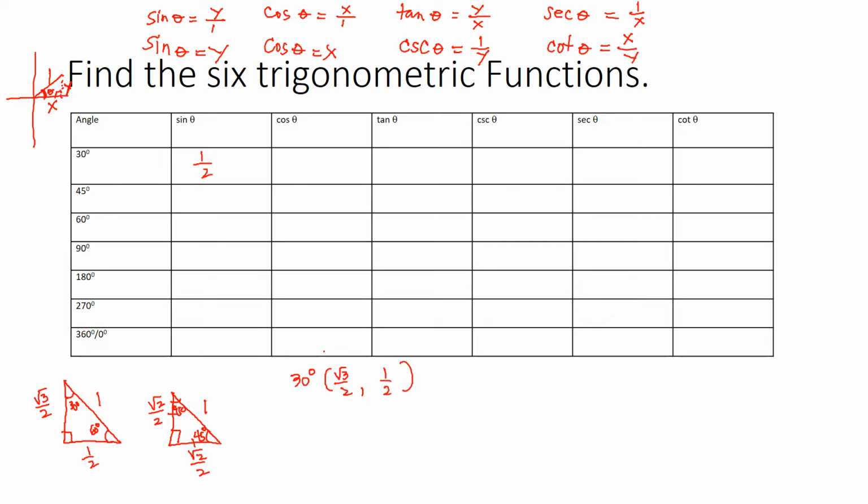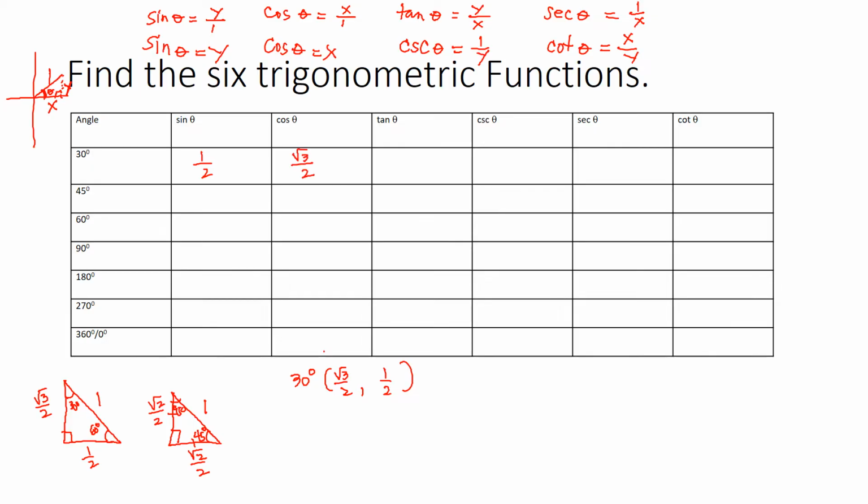So if you are going to do sine 30 degrees, we have that as a y. Our y there is 1/2. And then our cosine theta, that will be the x there, which is square root of 3 over 2.